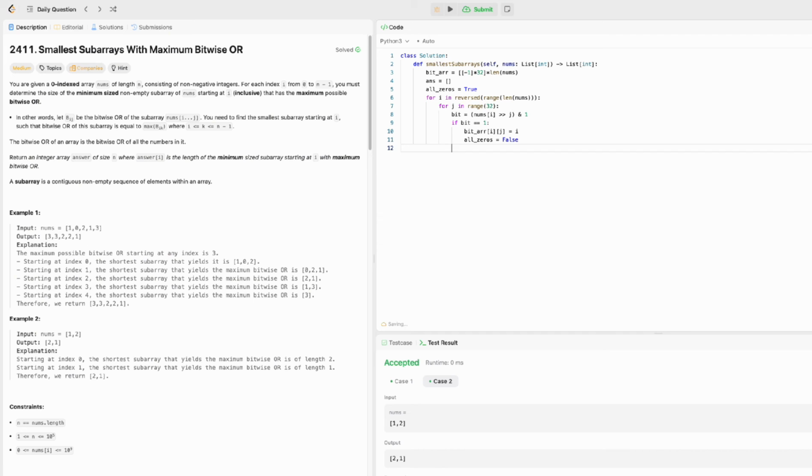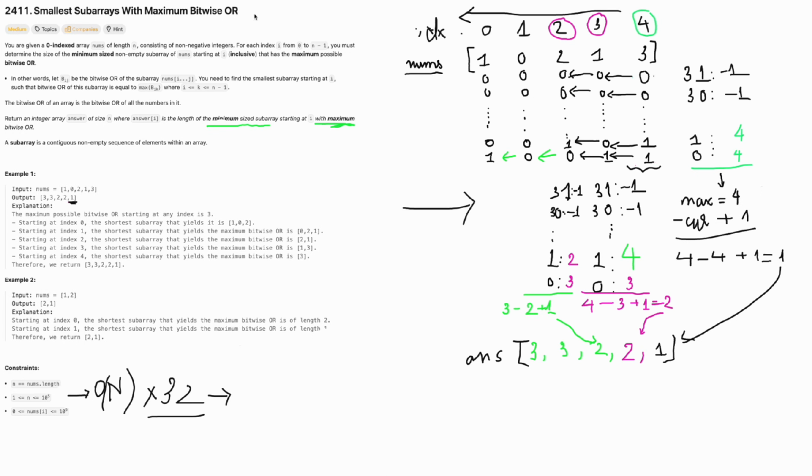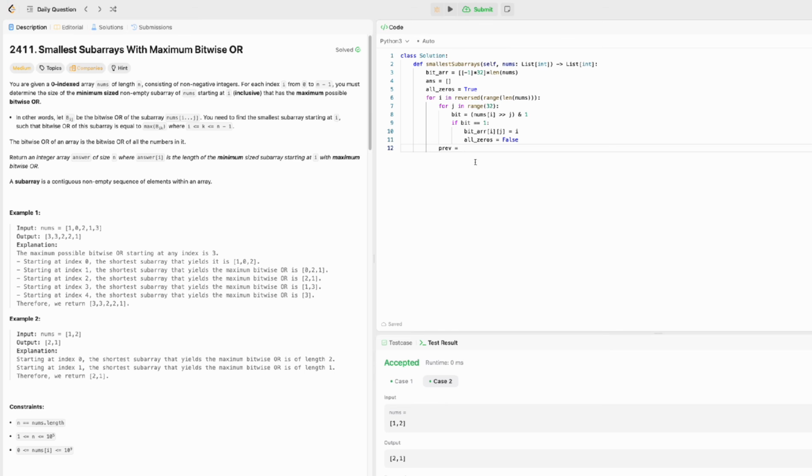Okay, so here we also need to keep the previous one. I mean the previous one, because we have the transition state, right? And then we need to keep the previous state to make the comparison. Yeah, I think that is the transition.